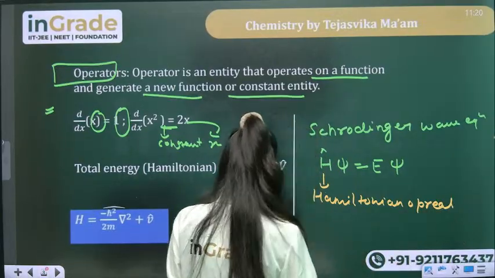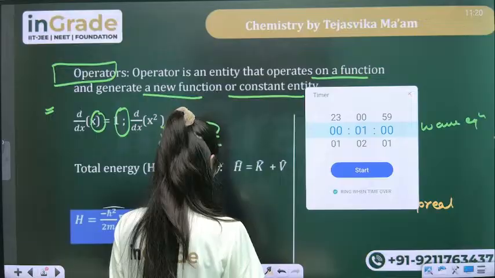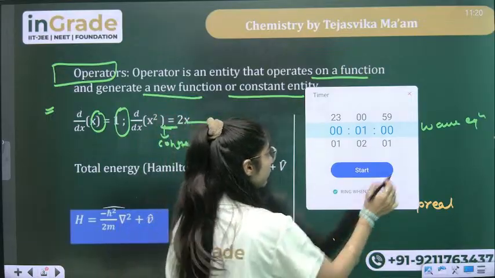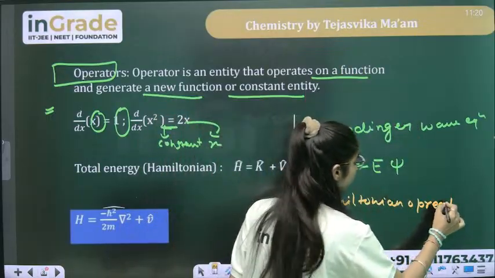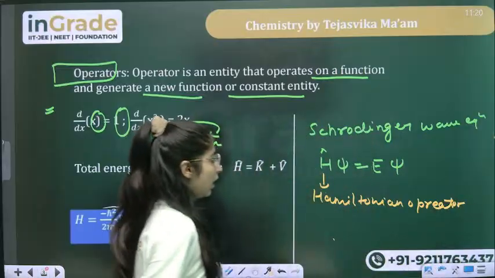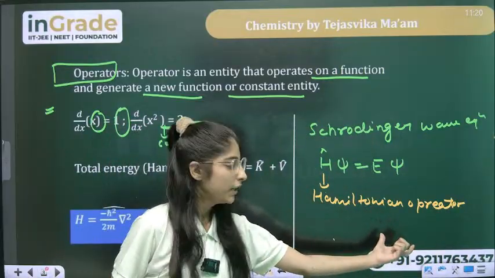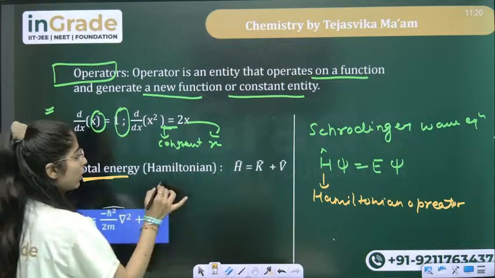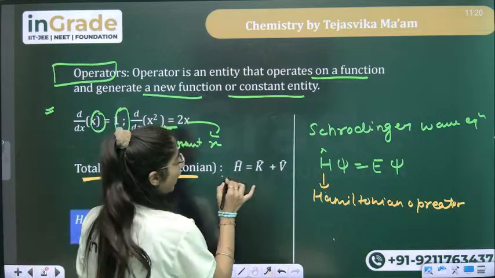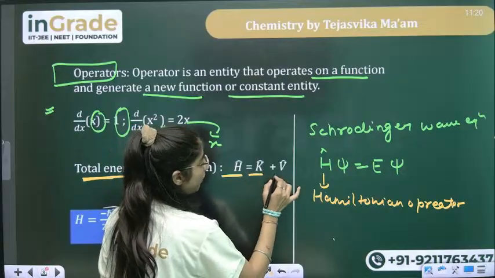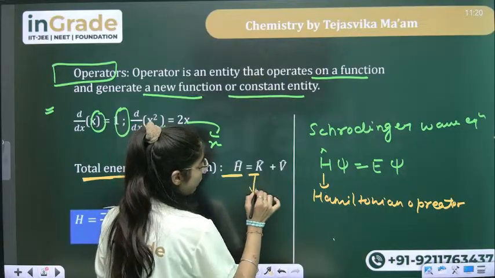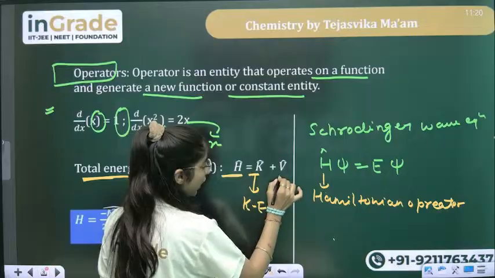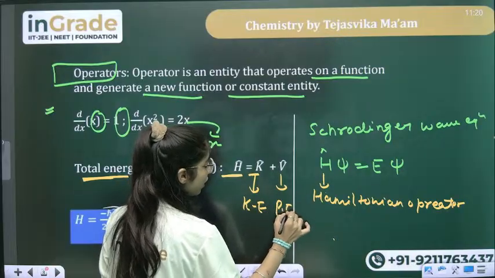I am writing it here, just wait. Hamiltonian operator simply represents your total energy. So total energy means here the H operator is equal to K plus V, where K represents your kinetic energy and V represents your potential energy.